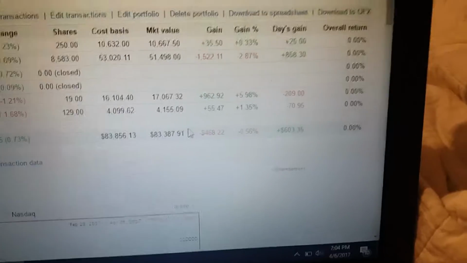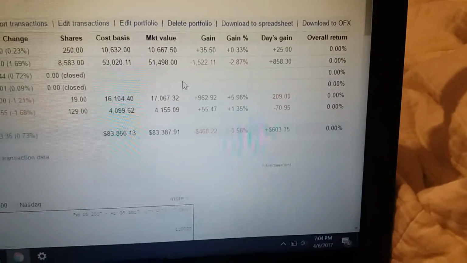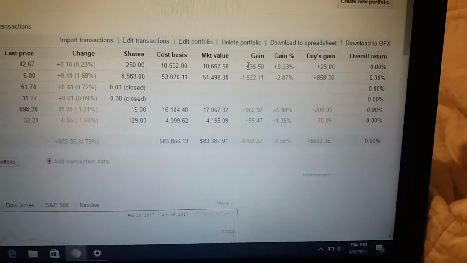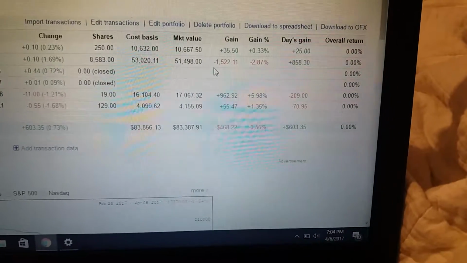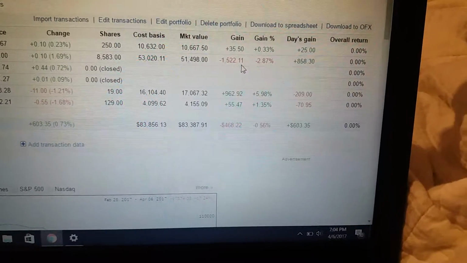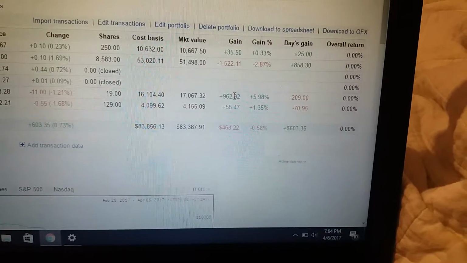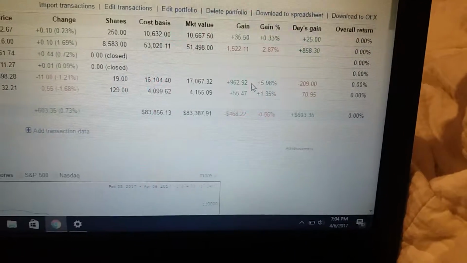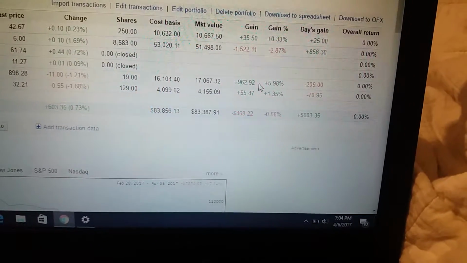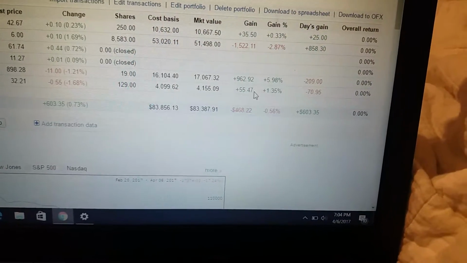But the gain is actually right here. You gained 35 in Coke. You lost $1,522.11 in Vuzi. You gained 962 in Amazon, and you gained 55 on Sony.